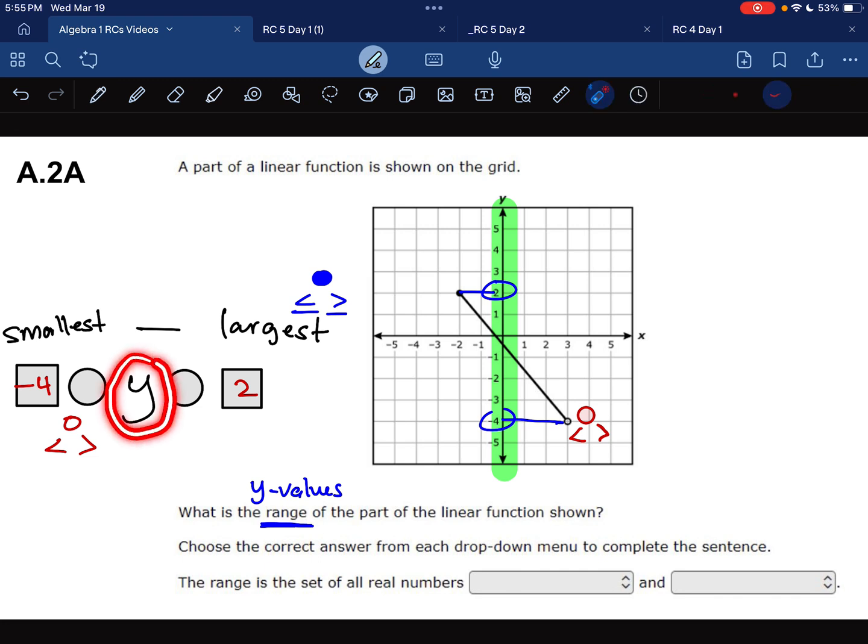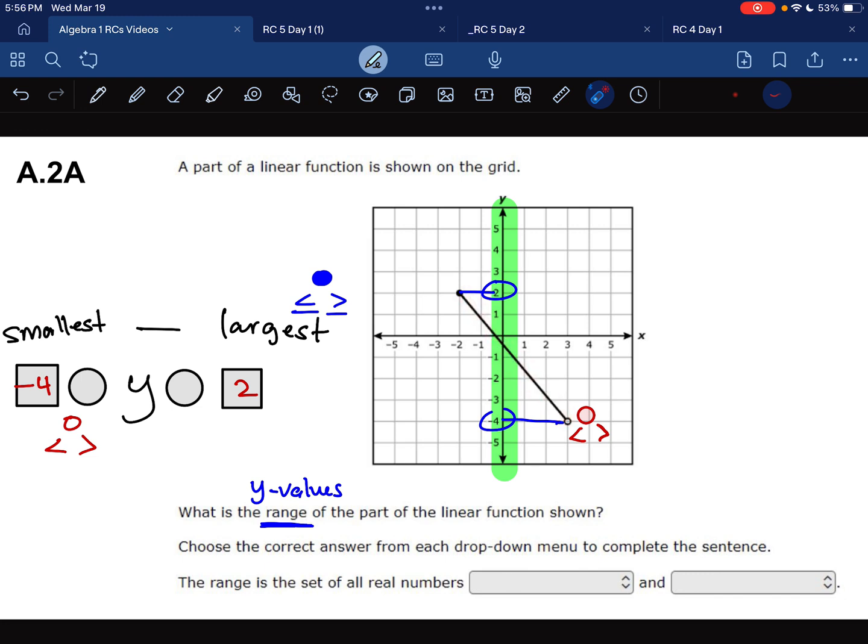Is my Y value greater than -4, or are my Y values less than -4? So that's telling me is -4 the greatest number. So looking at here, I have -3. I'm going up. This is at -3. It looks like my Y values are going up.